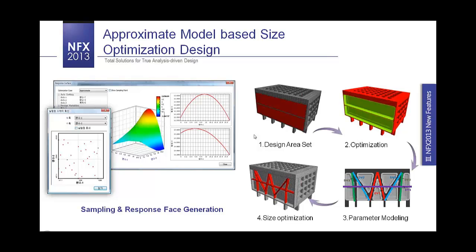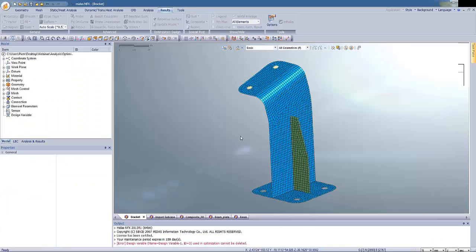Okay. So now we will perform a size optimization analysis, and I would like to add one thing. At this moment, we will show you only the procedure which is required to perform this kind of analysis, and we will provide you more details about size optimization in next specialized webinars. So today I will show you only the procedure.